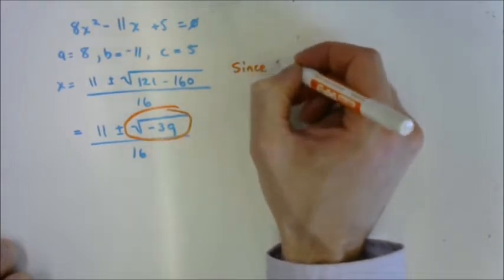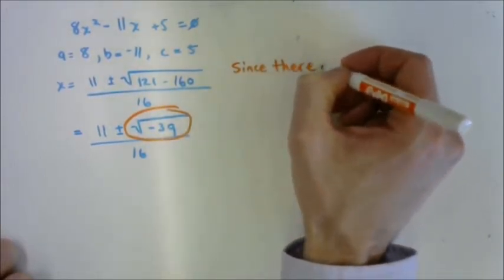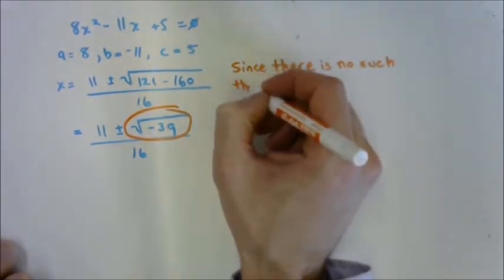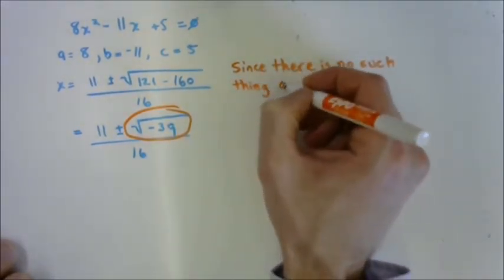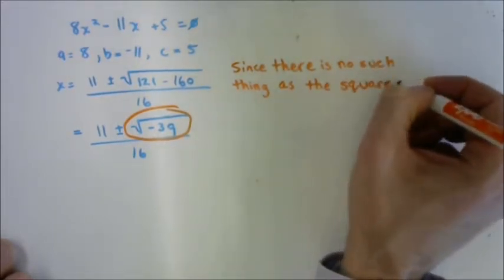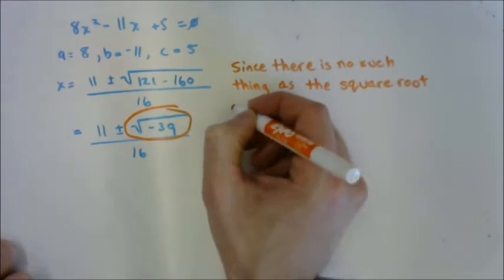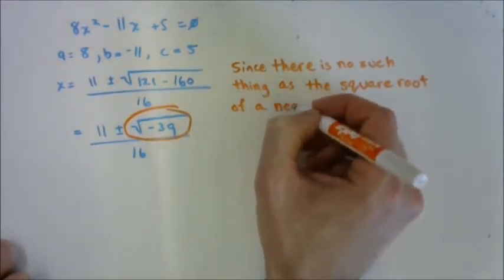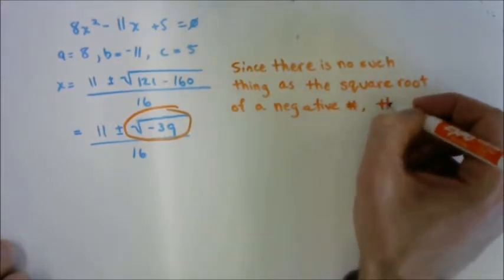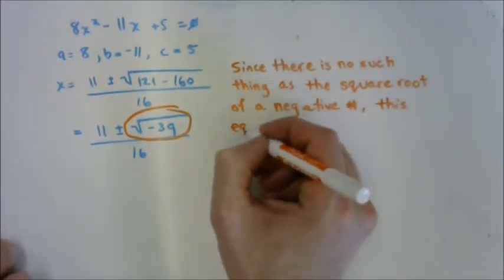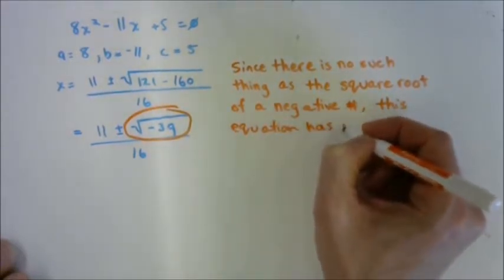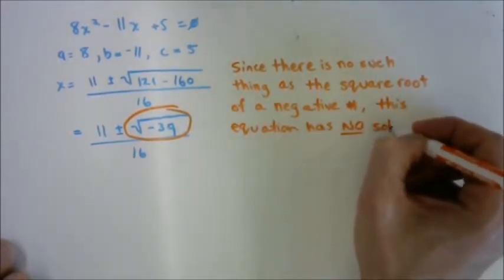Since there is no such thing as the square root of a negative number, this equation has no solutions.